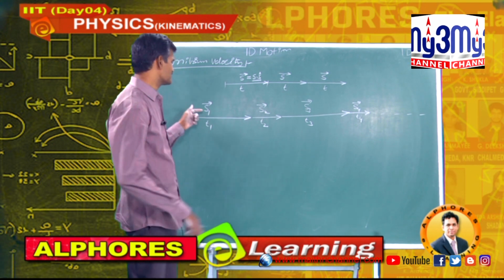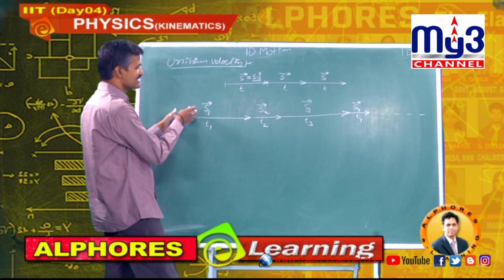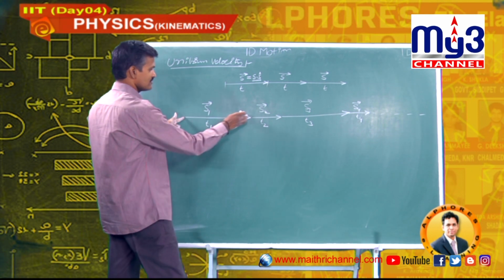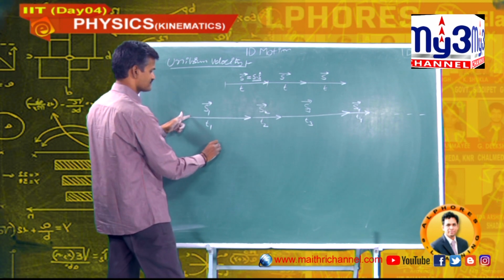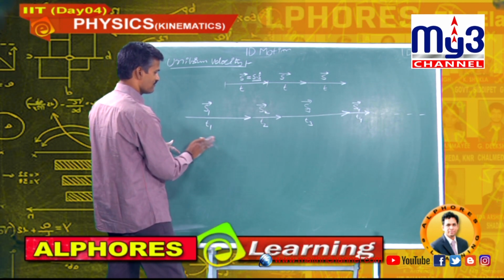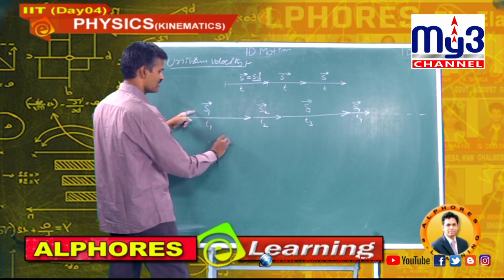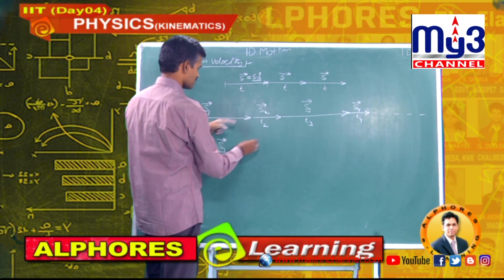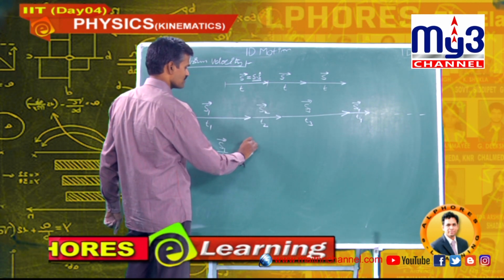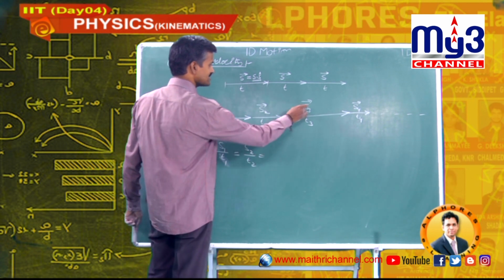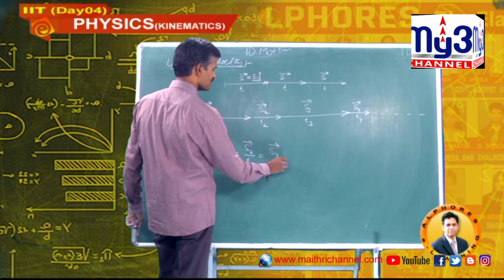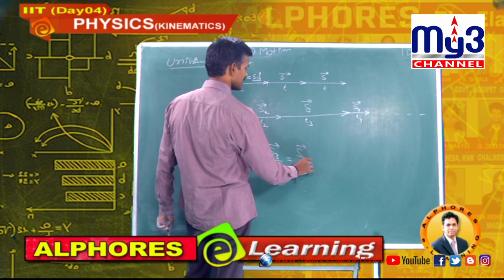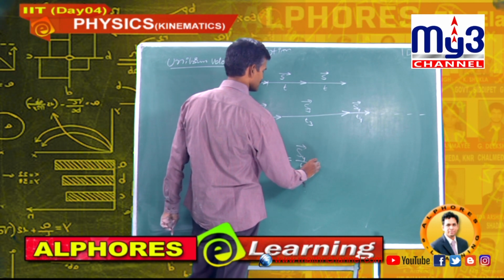To check that, first calculate the velocity in each particular interval. For this interval, velocity is S1 bar by T1. For this interval, velocity is S2 bar by T2. For this interval, S3 bar by T3. For that interval, S4 bar by T4 and so on.